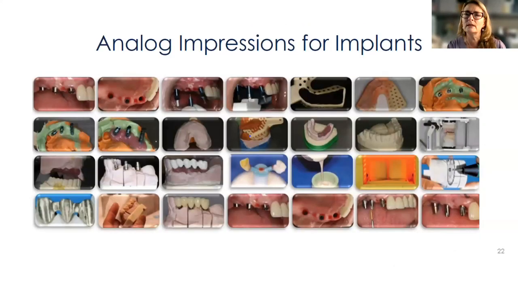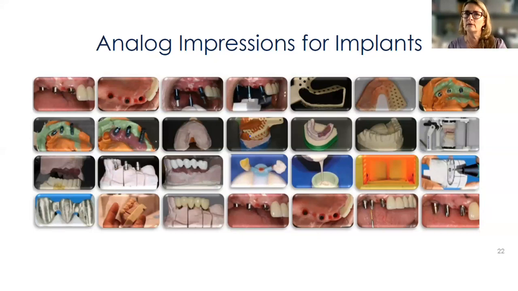So I really like this slide. It shows lots of different ways that we have impressed for implants over the years with lots of different trays, right? Open trays, closed trays, lots of chairside time with the impression copings and trays to make certain that everything is picked up accurately for those implant crowns.